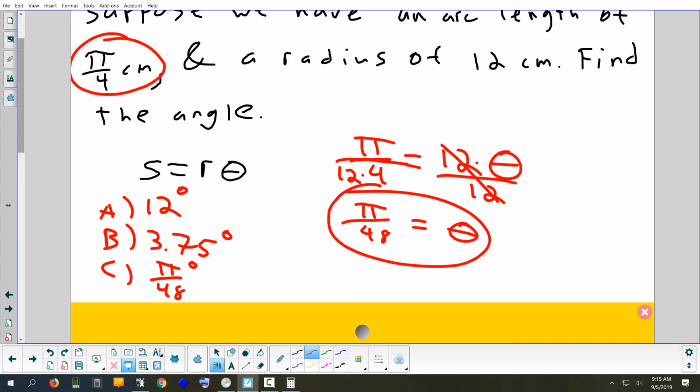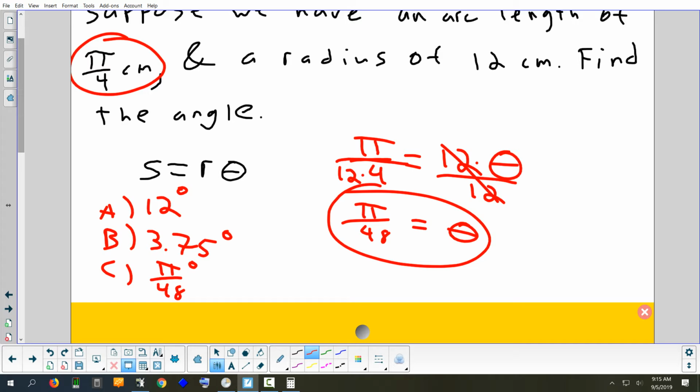Can you guess which answer is correct there? Yep. 3.75 degrees. Why? Because you calculated it. Right. Because I did it on the calculator.